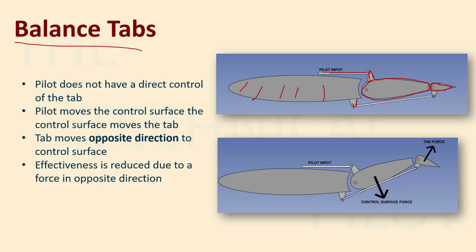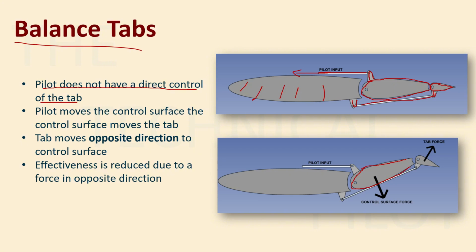Again, this portion is connected to your tab, right? So all of these linkages are there, and the pilot does not have the direct control of the tab. So the pilot, as you can see, will be pulling here, right? And this will move your elevator upwards, right? The elevator will be moved upwards.